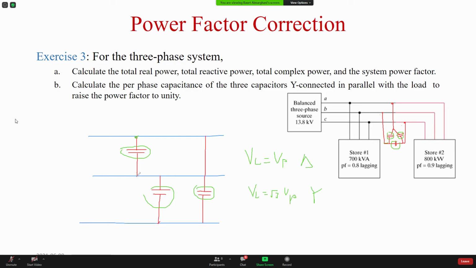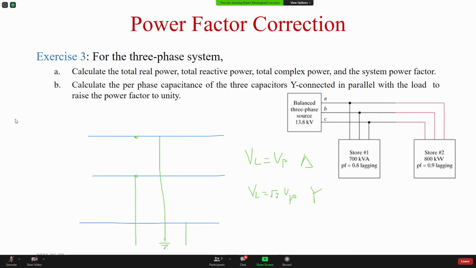Line voltage, this is the capacitance. So this connection is actually the delta connection. Now if we want Y, this time the capacitors are connected in Y. So they're like this.